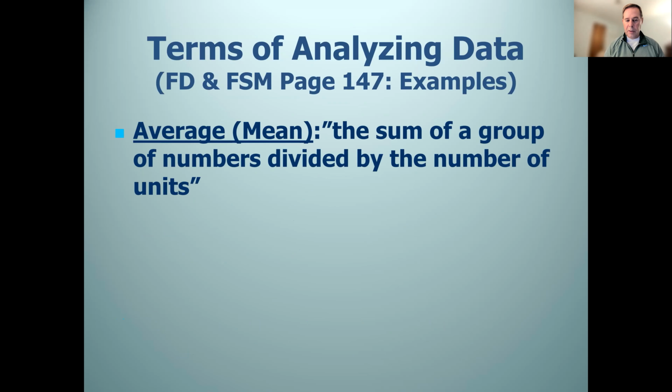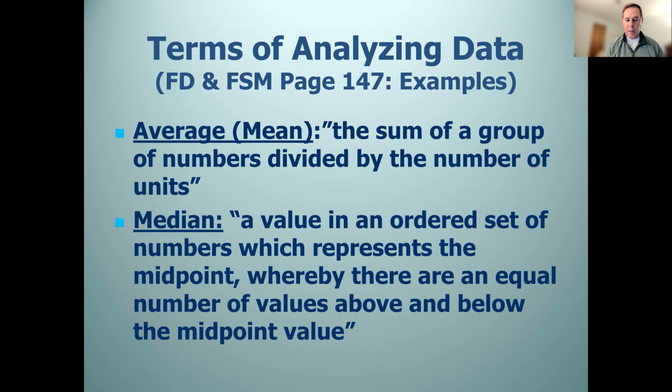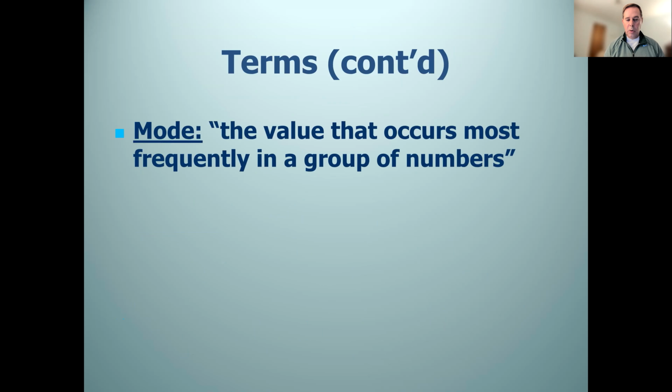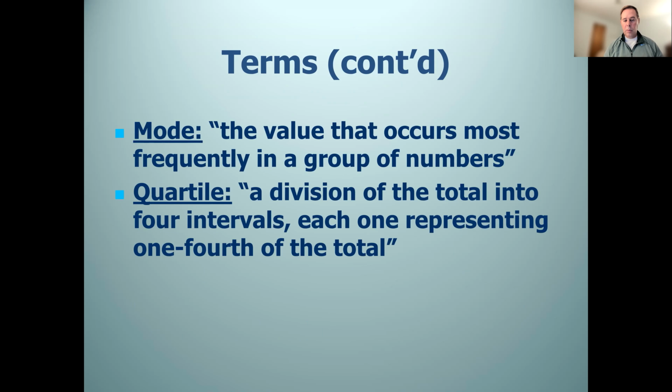So we've already talked about this: the average, which is the mean, the median, the mode, and then a quartile is literally taking all of the sales in this case and dividing them in quarters. So the upper quartile is the top sales, which would represent 76 to 100%.